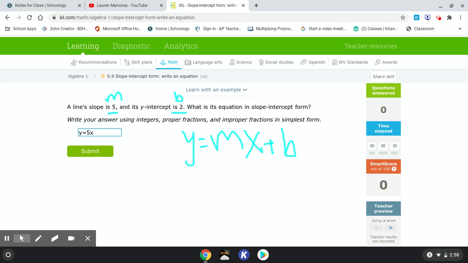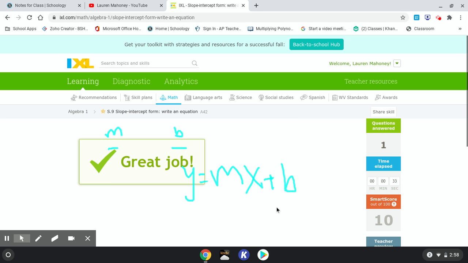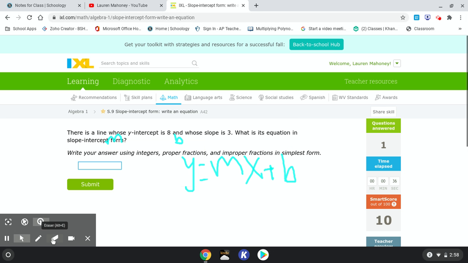Anything that is a y-intercept is going to be your b, your slope is going to be an m. So we have here y equals, my m is 5, so that's 5x. My y-intercept is a positive 2, so plus 2. Y equals 5x plus 2.